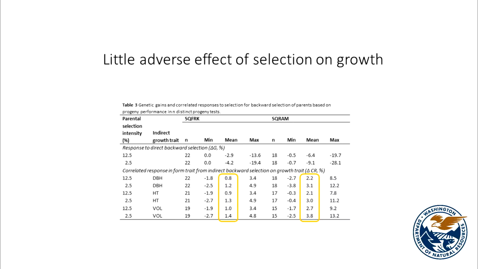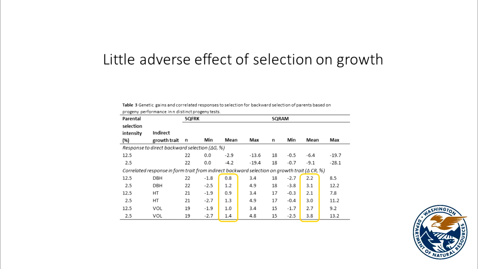So then we wanted to take a look at what would happen if we were to select solely on stem form, and then we also wanted to look at what would happen to our growth traits if we were just selecting on stem form and not paying attention to our growth traits.